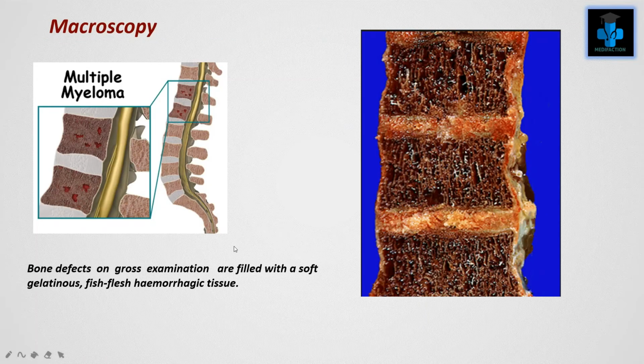Now let's see the macroscopy. In multiple myeloma, in macroscopy, bone defects on gross examination are filled with a soft, gelatinous, fish flesh-like hemorrhagic tissue. Right here you can observe.